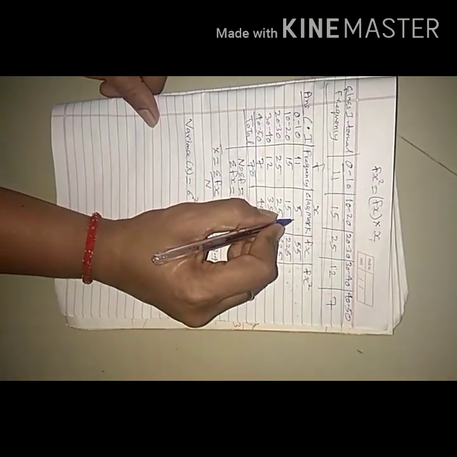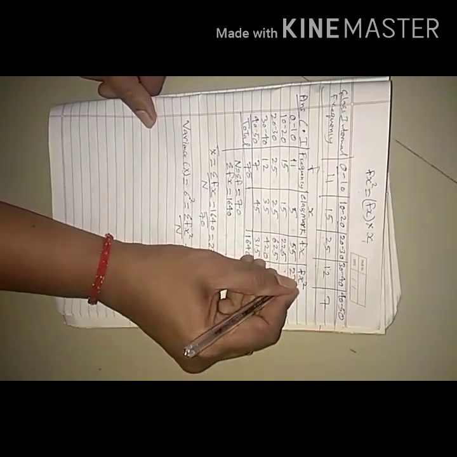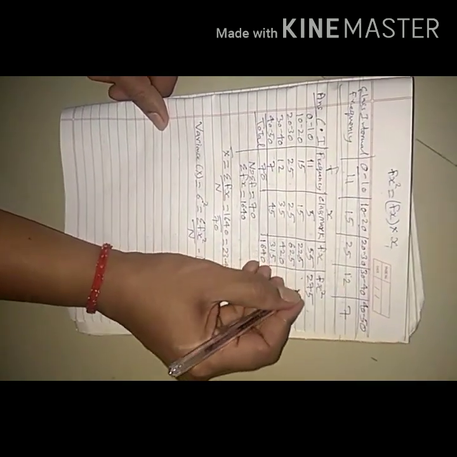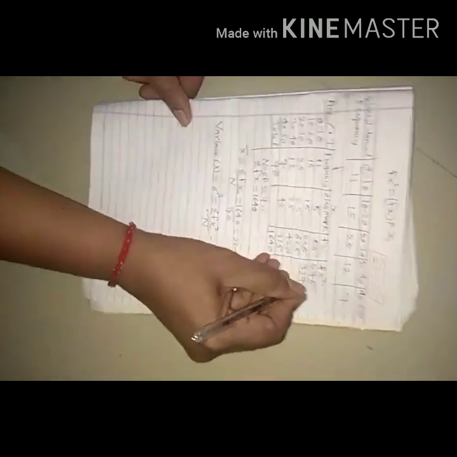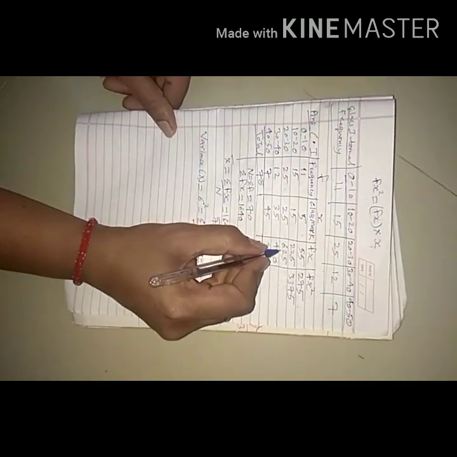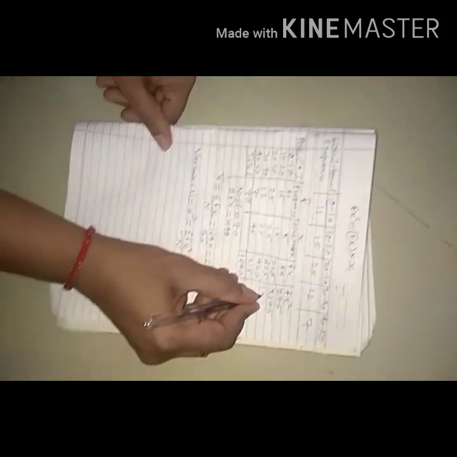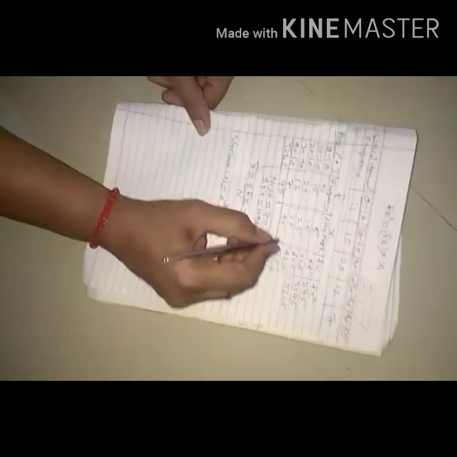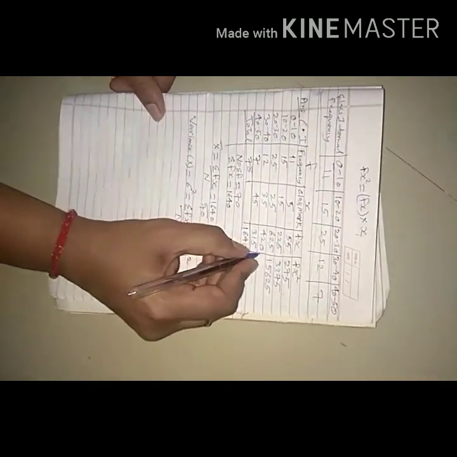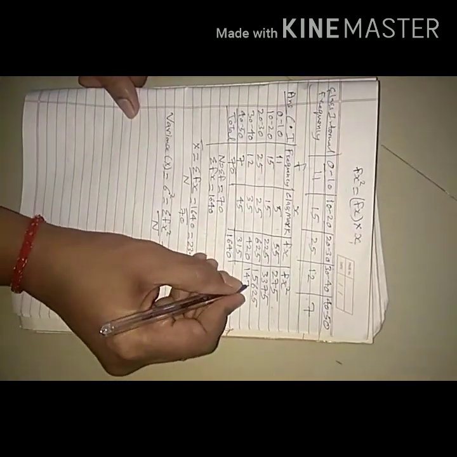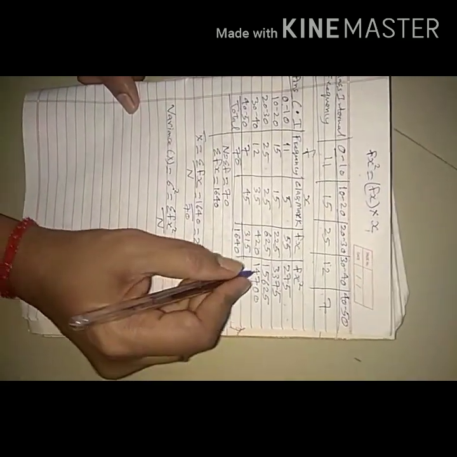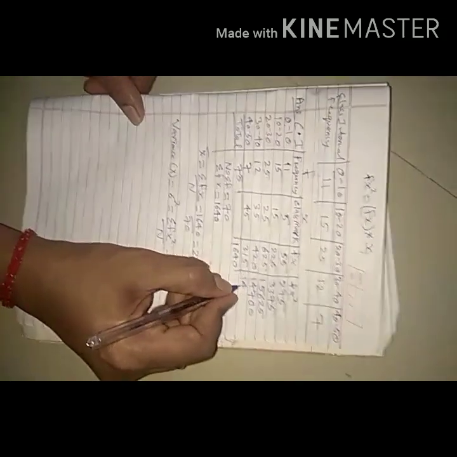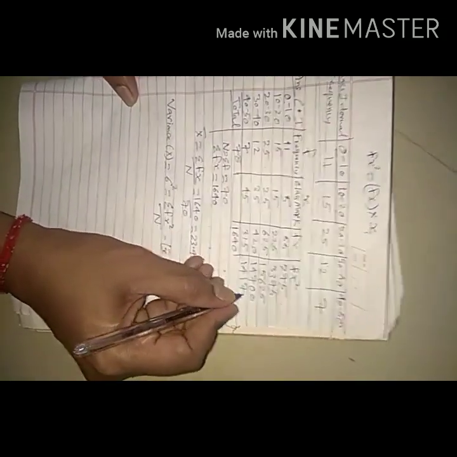Multiply these values. 5 into 55 is 275. 15 into 225 is 3375. 25 into 625 is 15625. And here 35 into 420 will be 14700. 45 into 315 will be 14175.